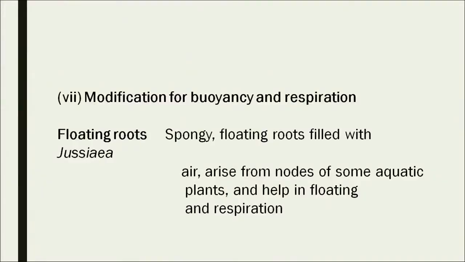We have already talked about floating roots of Jussiaea, and also there is one very common plant, Eichhornia, which has very beautiful flowers of purple color, light pink color. They come on the shining leaves, and the bulbs which get filled up with air provide the plant help to float on the surface of water.